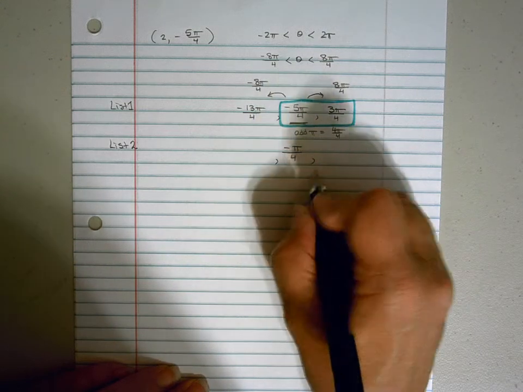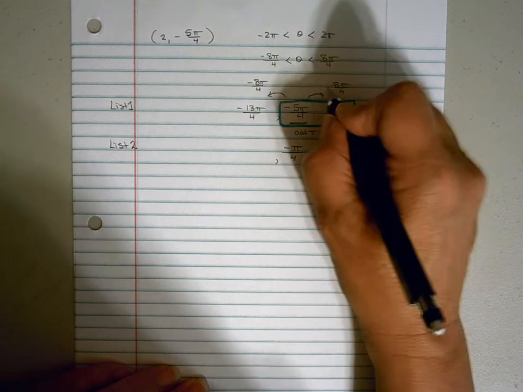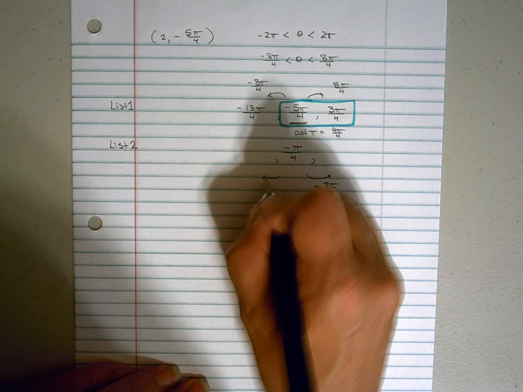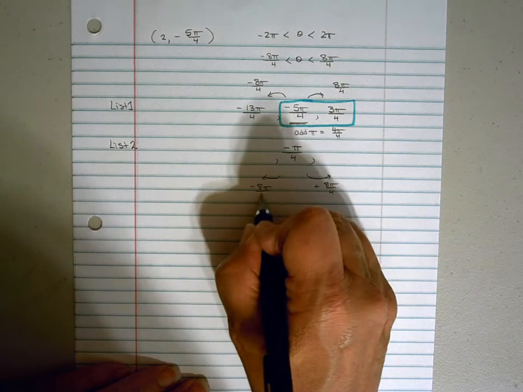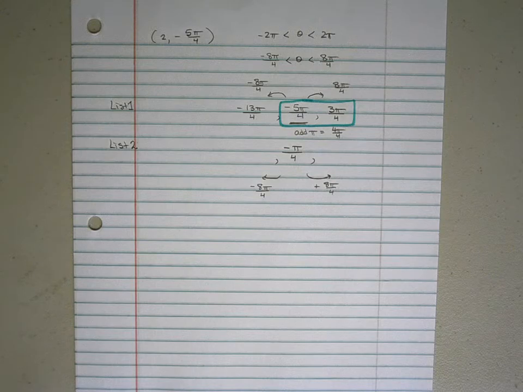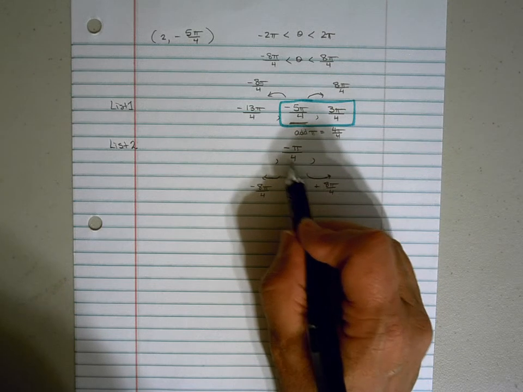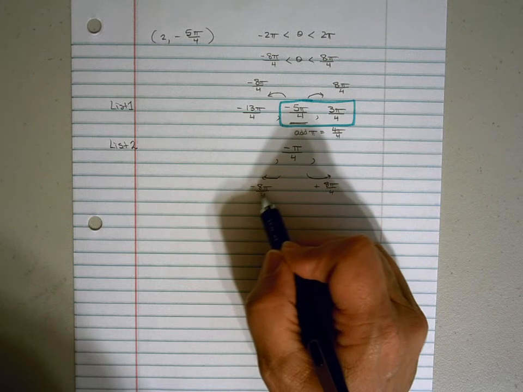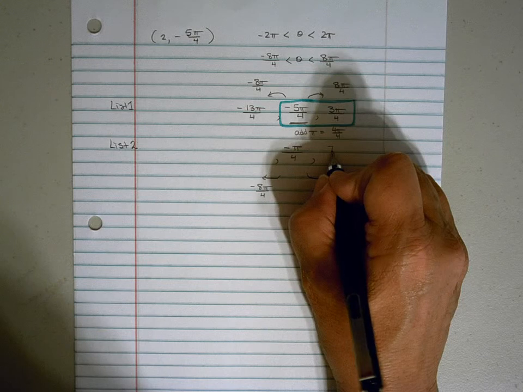And again, depending on what you see right away, you're going to be adding 2 pi, which is the same as adding 8 pi over 4, or subtracting 2 pi, which is the same as subtracting 8 pi over 4. But I'm already at negative pi over 4. So I really don't want to subtract 8 pi over 4. It's going to go beyond my restriction. So now I'm going to just add 8 pi over 4. And I'll get 7 pi over 4.